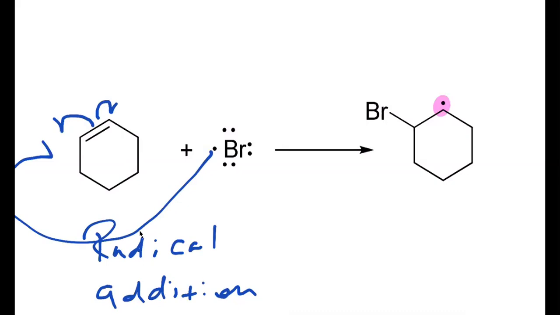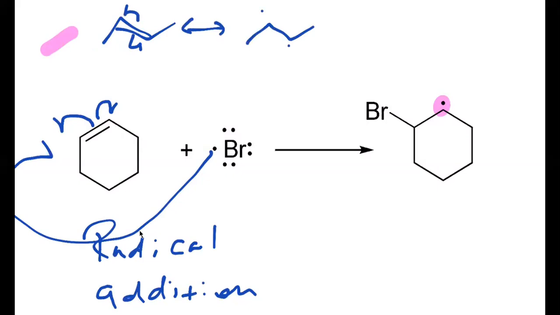Yes. Right. In any pi bond, if I'm reacting it under radical conditions, any pi bond can be broken up, and I'll show you an example right here. I can take any pi bond and break it up into two electrons like that, because every bond is made up of two electrons.